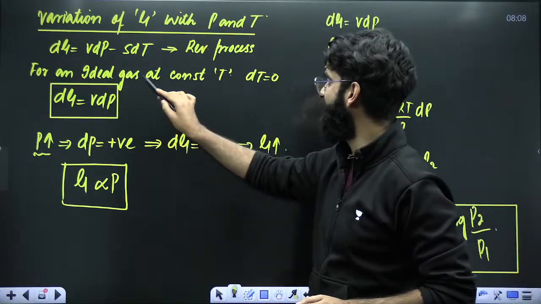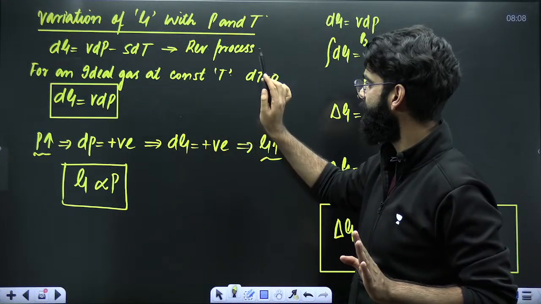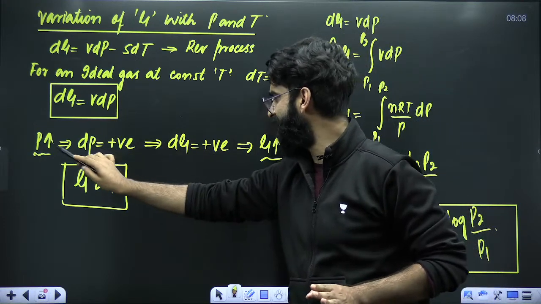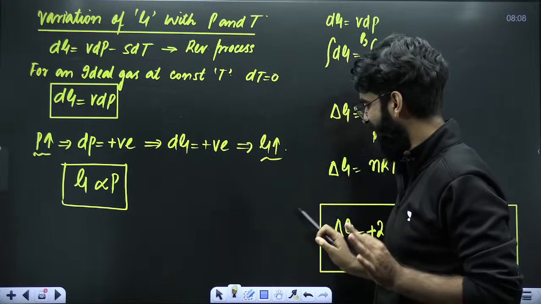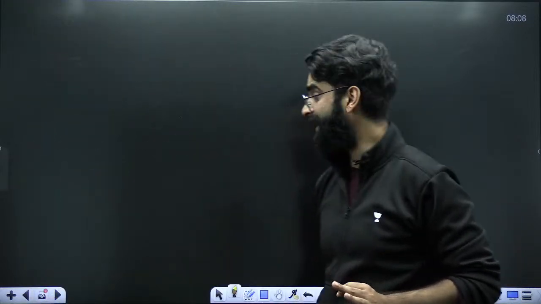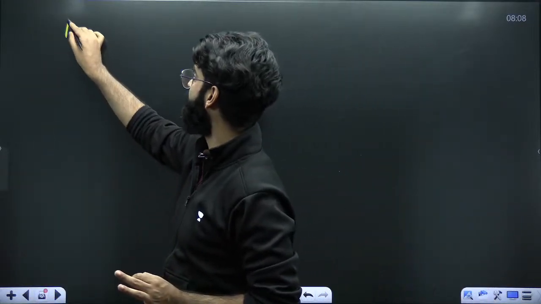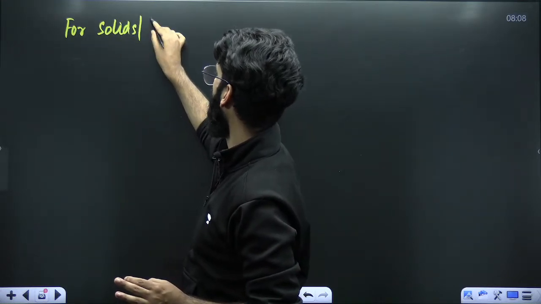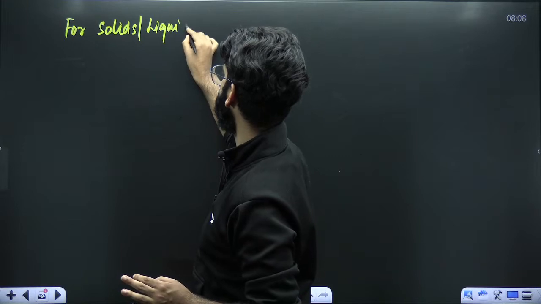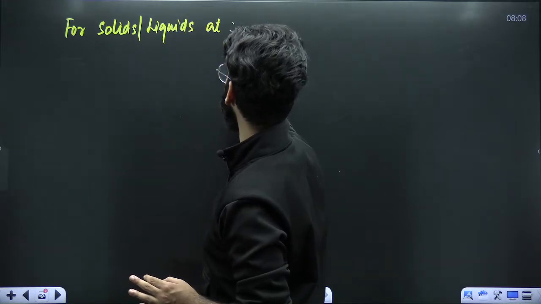This was the case for the ideal gas which is kept at constant temperature, right? When you increase the pressure of the ideal gas, Gibbs free energy increases, right? But imagine that your system is not the ideal gas. Imagine the system is a solid or liquid kept at constant temperature.